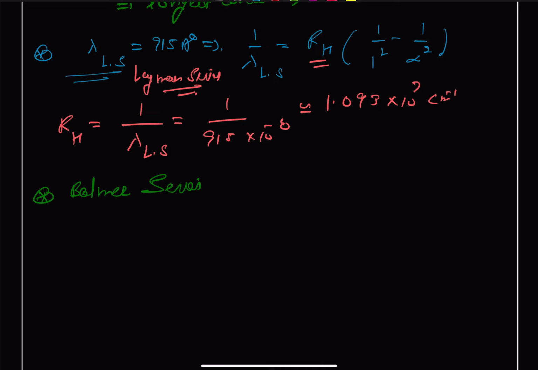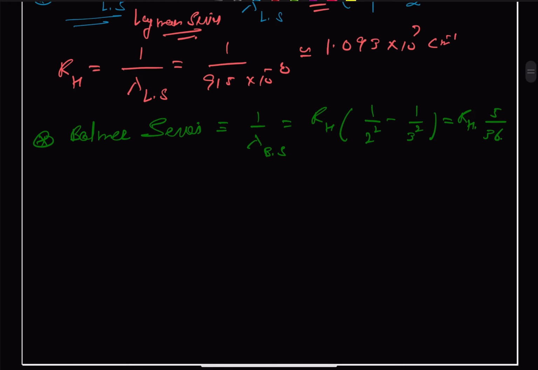And for the Balmer series, let us call the wavelength lambda BS, that is Balmer series, 1 upon lambda BS is equal to our RH times (1 upon 2 square minus 1 upon 3 square). It starts with 2 and ends at 3. And this will give us RH times 5 upon 36, and we are supposed to find out the wavelength.